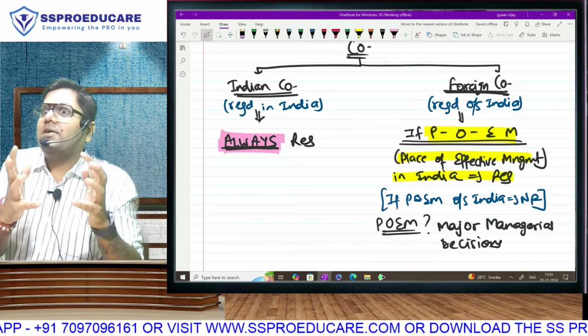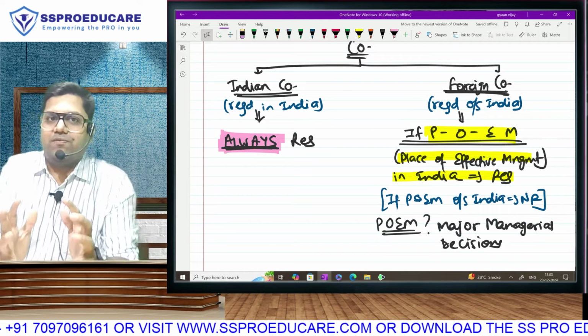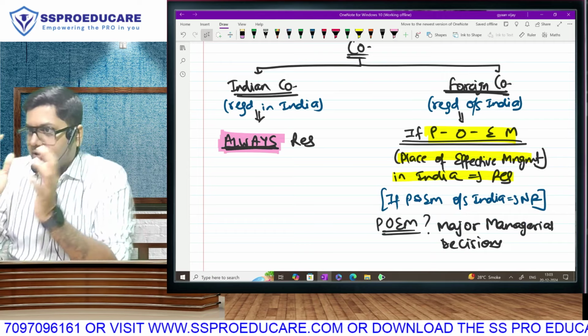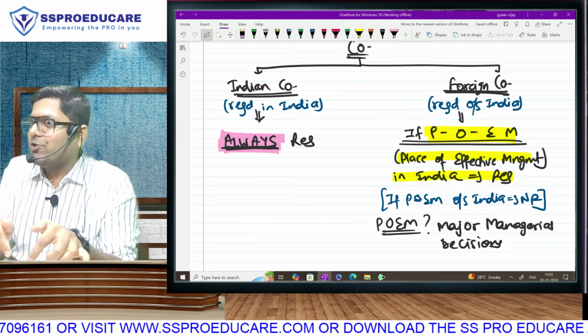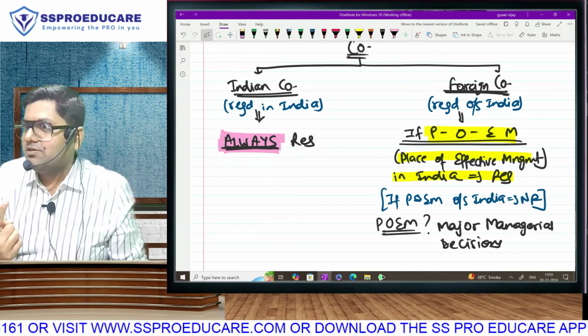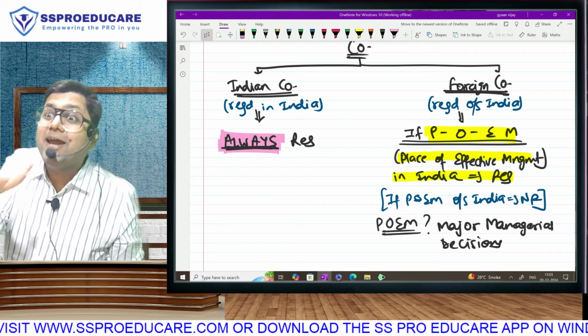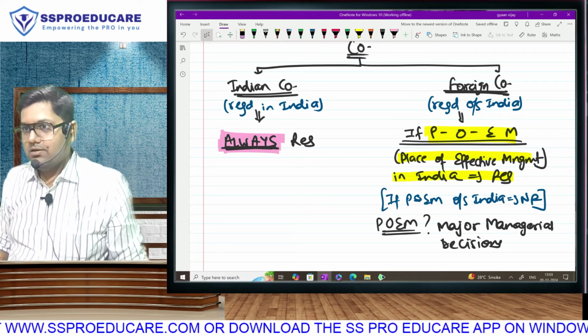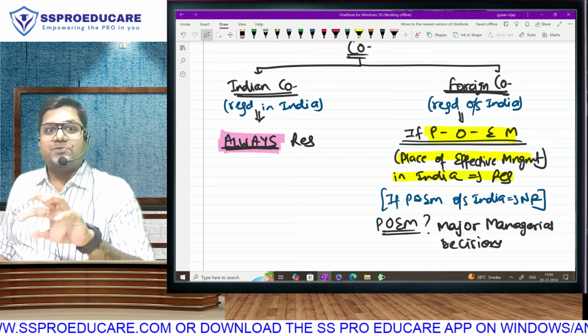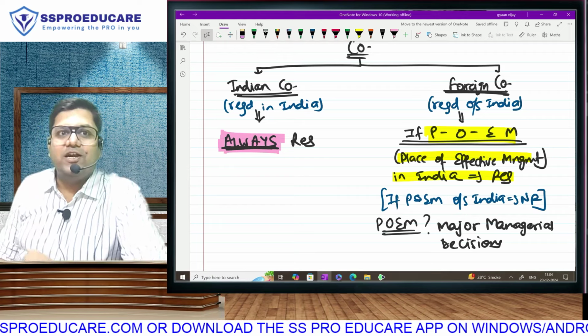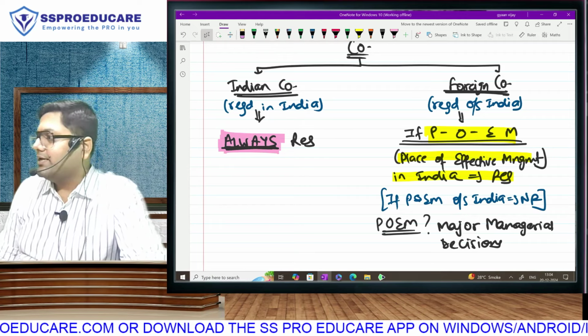Indian companies, we are not interested in decision making. Indian company, always resident, will pay tax on world income. But foreign company, we can't make you resident just because of one decision. We will make you resident if you are taking your big decisions in India. So if your big decisions, major decisions are taken in India, then you will be resident.